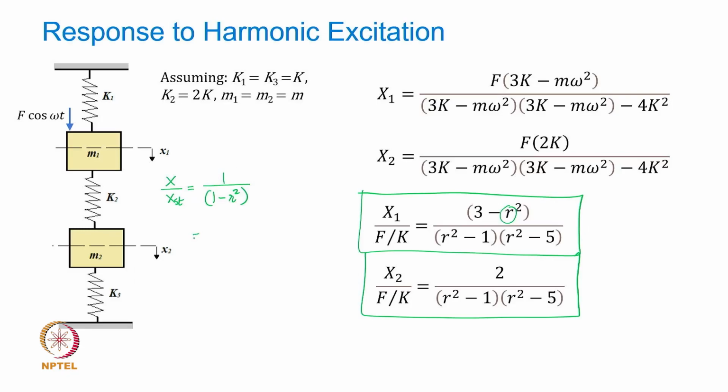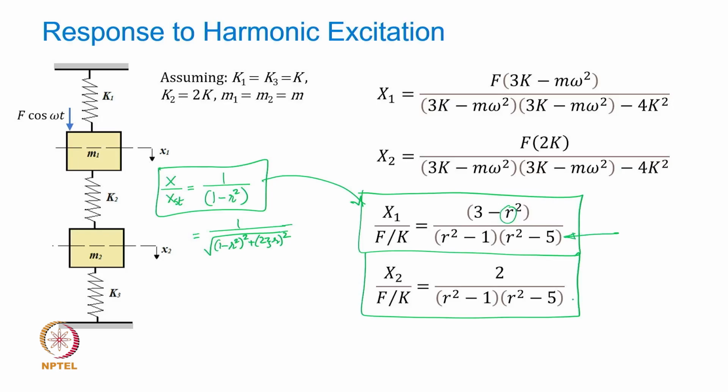Had it been a damped case, it would be 1 over square root of 1 minus r square whole square plus 2 zeta r whole square. Now in this case, zeta being 0, you get 1 upon 1 minus r square. This is for a single degree of freedom system. The similar expression for a 2 degree of freedom system is now going to be this. You expect it to have more terms and be a little more complex, right?